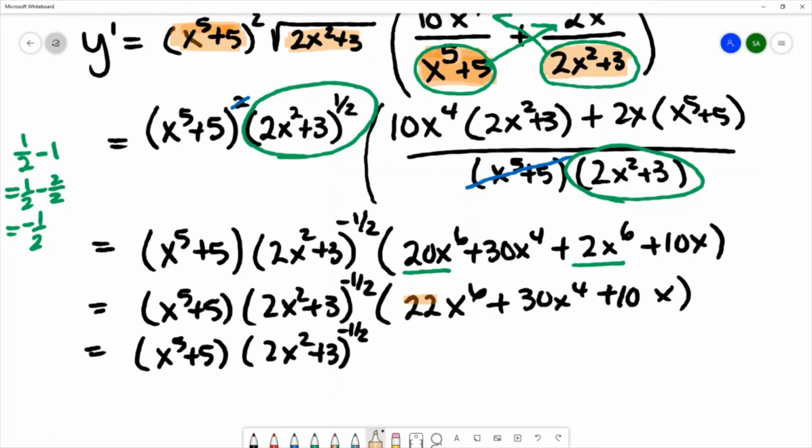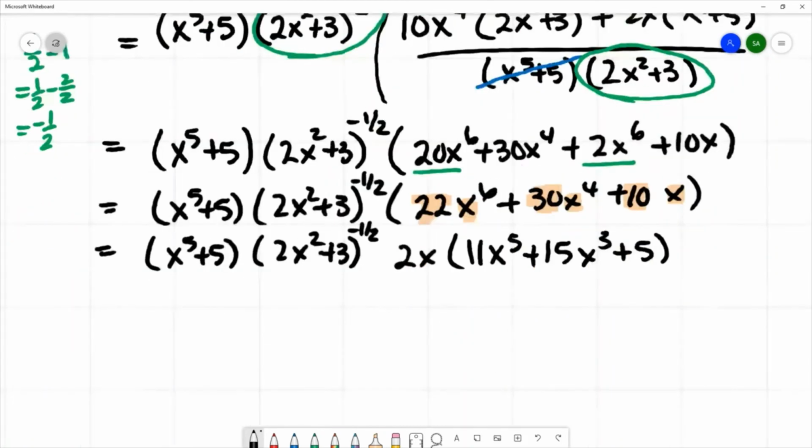These are all even, so I can factor out a 2. And they all have an x, so I can factor out an x. So I'm factoring out a 2x. That leaves me with 11x to the 5th plus 15x cubed plus 5.